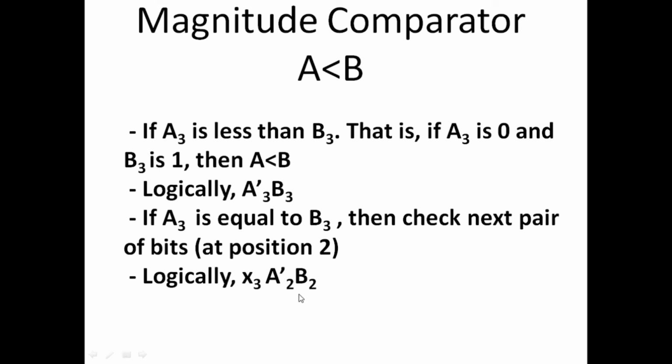And if the bits at significant position 2 are equal, then we have to move right one step further and compare the bits at significant position 1, and similarly continue for all other significant positions on the right side.